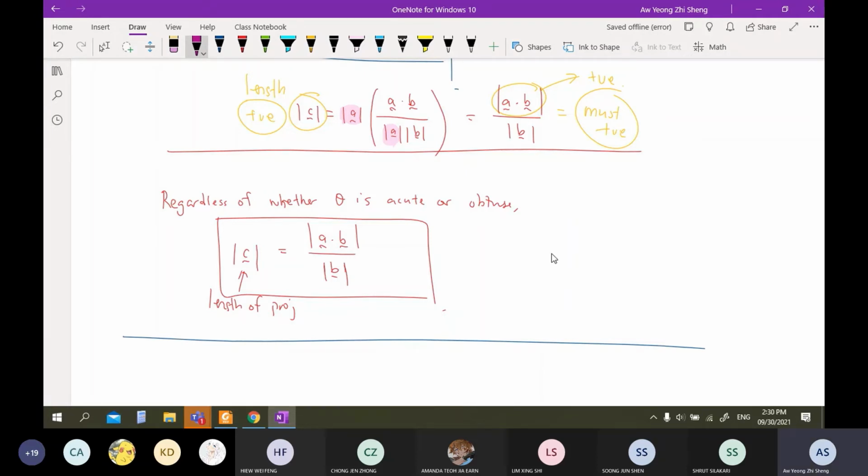Okay, now, while this formula is quite easy to memorize, it's A dot B over B with modulus for everything, you should remember what are the positions of vectors A and vector B. So when you apply the formula, later when we solve questions in a later part of the chapter or in the next chapter, the points or the vectors will be named differently.